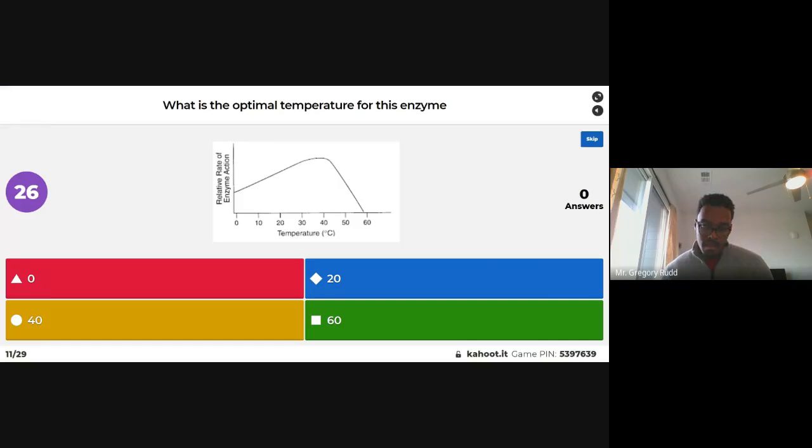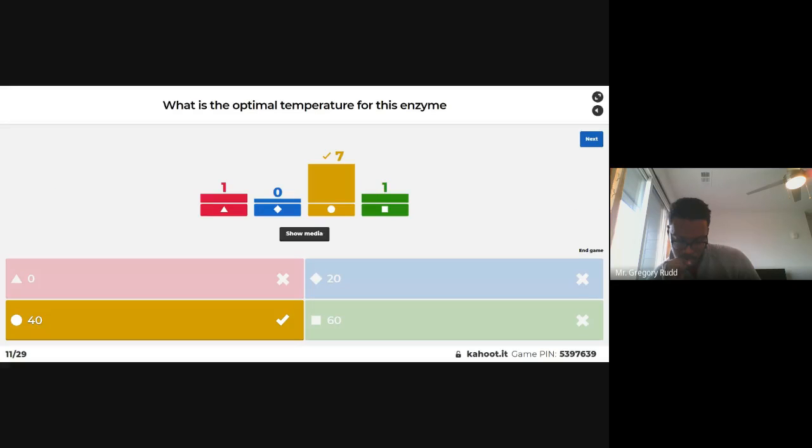Where is it working the best? Good. So we look at this image again.